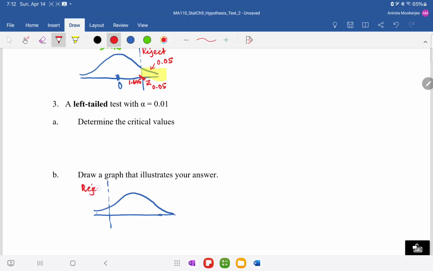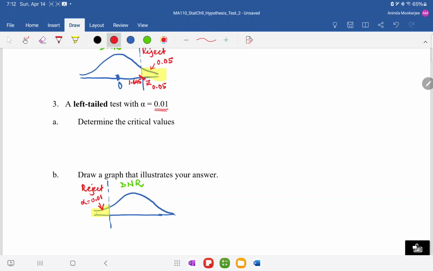So here's our reject, and then our DNR. The area corresponding to the reject region is an alpha value, alpha of 0.01.